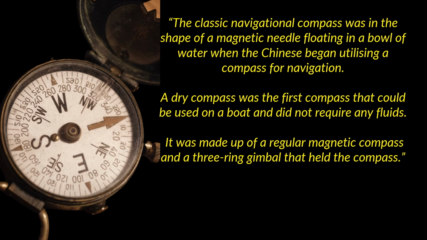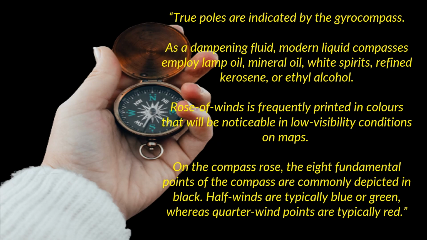It was made up of a regular magnetic compass and a three-ring gimbal that held the compass. True poles are indicated by the gyrocompass. As a dampening fluid, modern liquid compasses employ lamp oil, mineral oil, white spirits, refined kerosene, or ethyl alcohol.